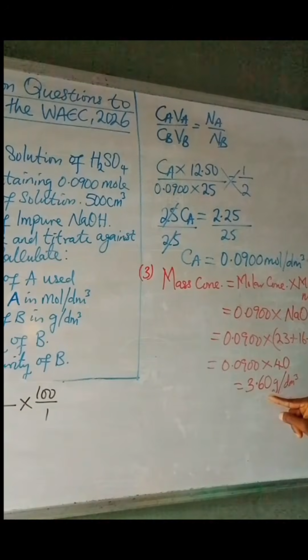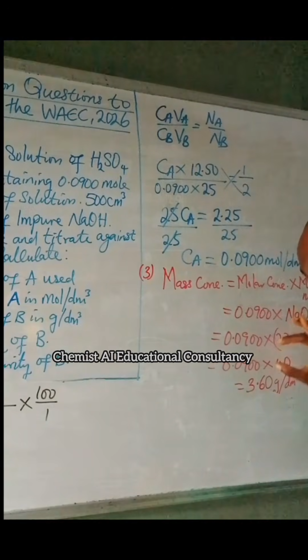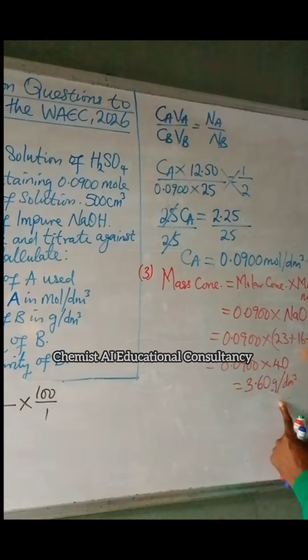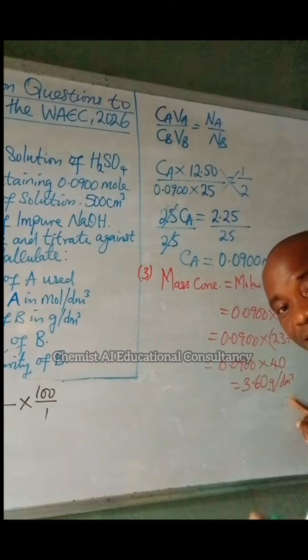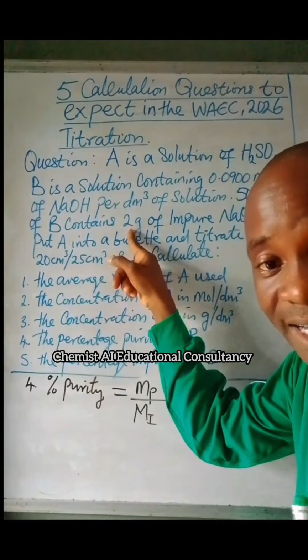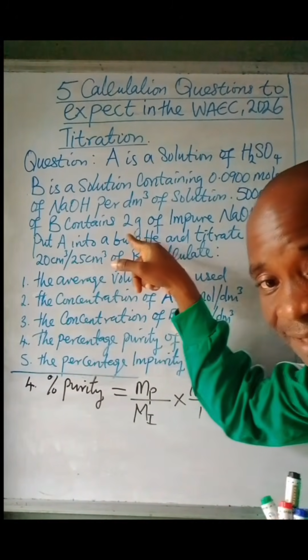Now this mass gotten is the actual mass of sodium hydroxide that reacted. The mass of impurity is not here. And remember, this is 3.60 grams per dm cube. A dm cube means 1 liter. And now these 2 grams is not inside 1 liter. It is inside a half liter. Look at it. 500 cm cube contains this, right?